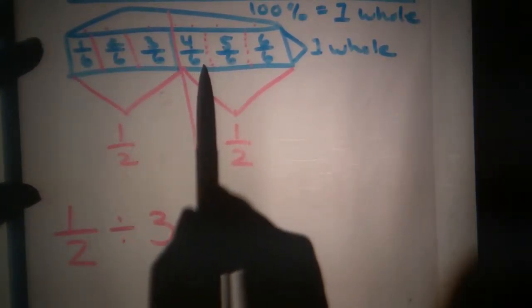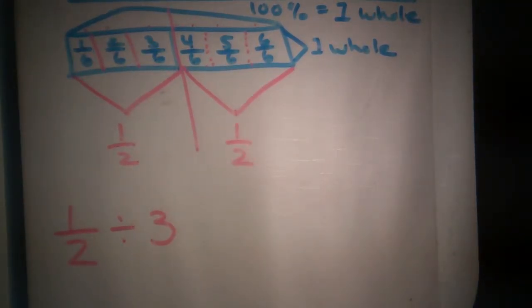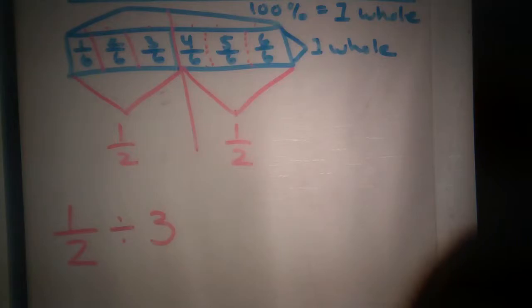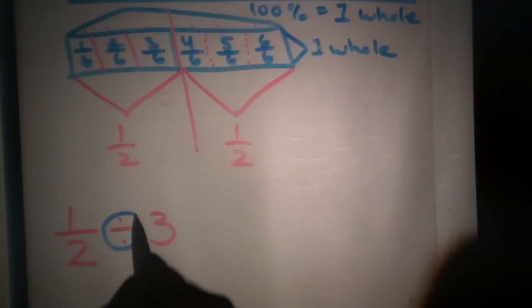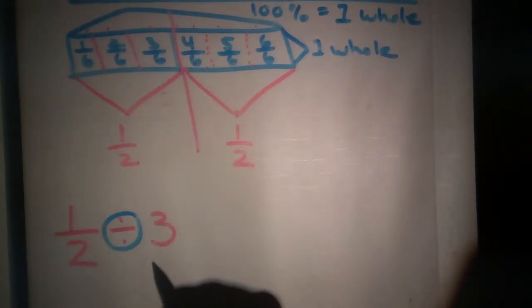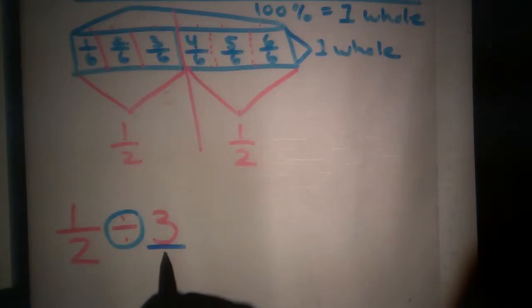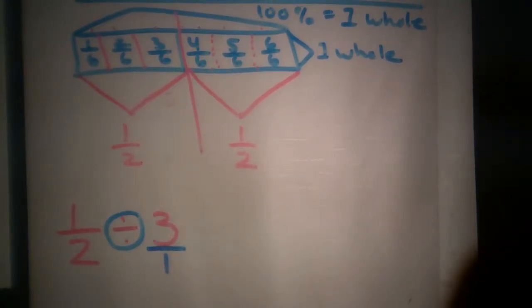The same with this 1/2, we cut it into 3 pieces. At this point, we have a division problem here, but we have a fraction. Well, I know if I'm going to be doing anything with fractions, I can't have a whole number and a fraction. I need to make this into a fraction, so we put the 1 underneath our whole number.